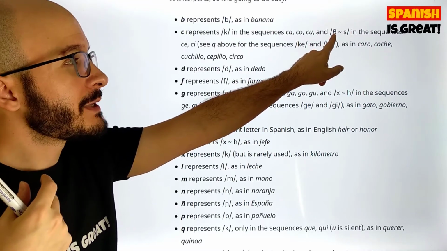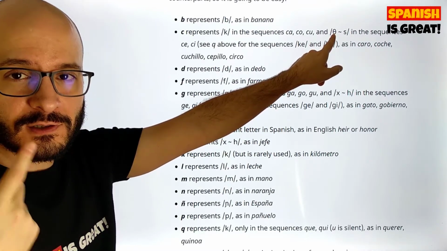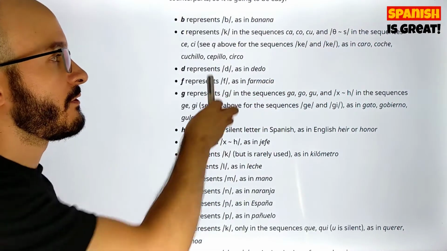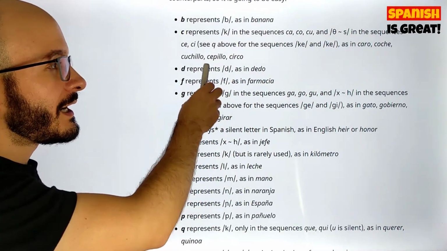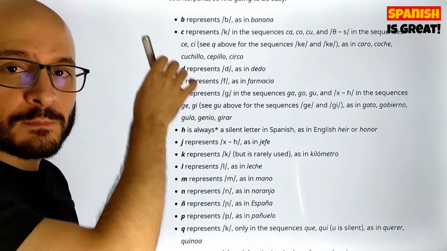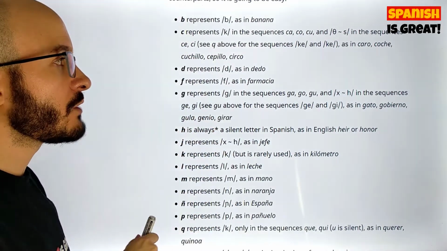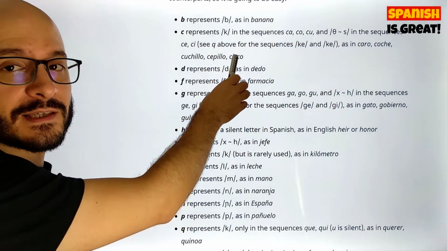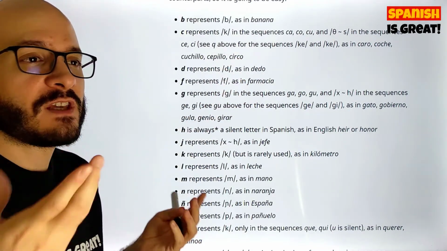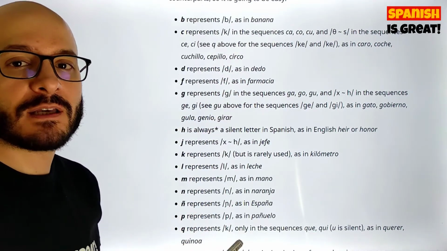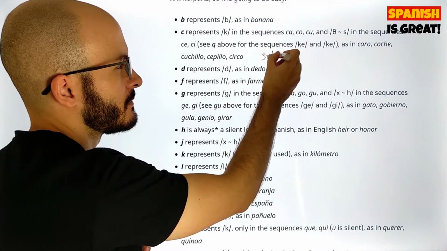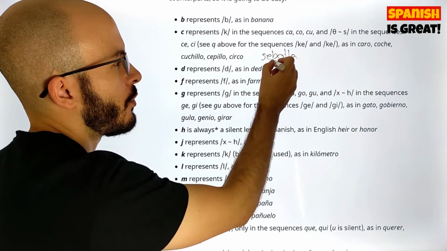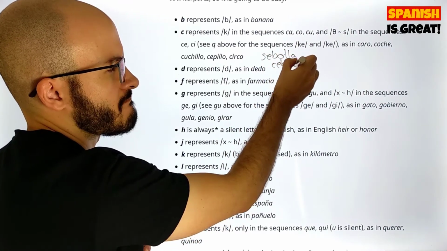And second, because if we learn to pronounce, for example, cepillo and circo with theta, we are not going to have spelling problems. Because, for example, if I say cebolla, so, what is cebolla? Cebolla or cebolla?